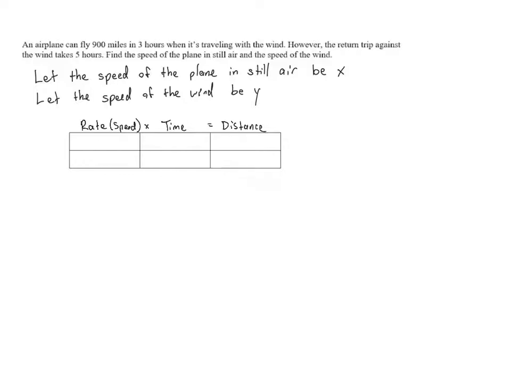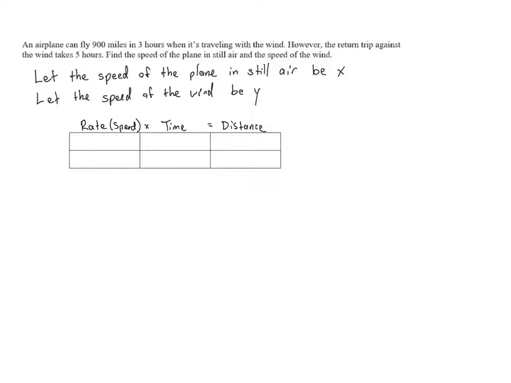Now, when we label the rows, we have to be careful. Some students want to label the rows plane in still air and wind. But the information that we're given doesn't relate to anything that's happening in still air. The first leg of the flight, where the time is 3 hours, is when we're traveling with the wind, and then the return trip is against the wind.